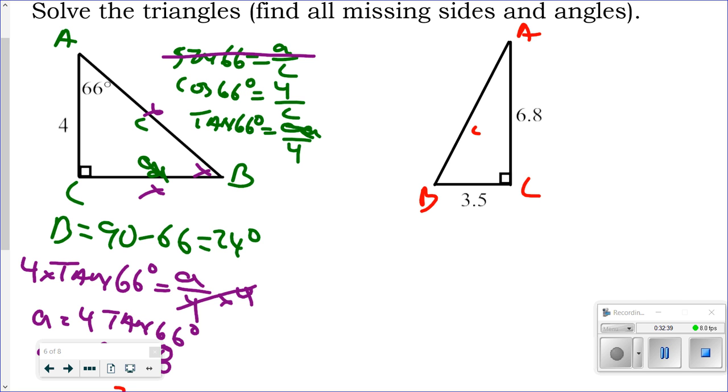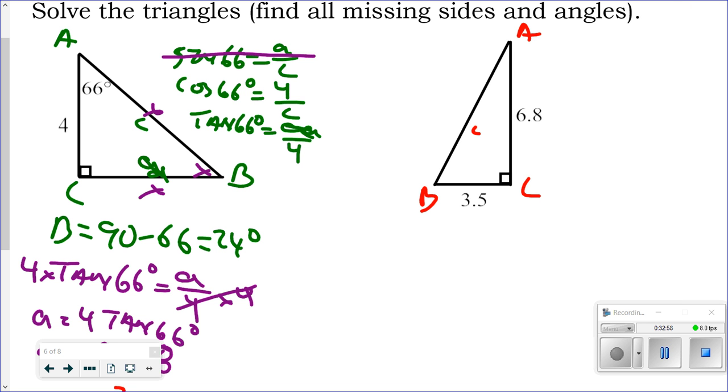Once again, if you have one side and something else, you can find the rest. The easiest thing to find at this point would be the third side, right? Because I got 2 sides, use the Pythagorean theorem, find the third side. Do the easy thing first. Trust me, you want to do the easy thing first.